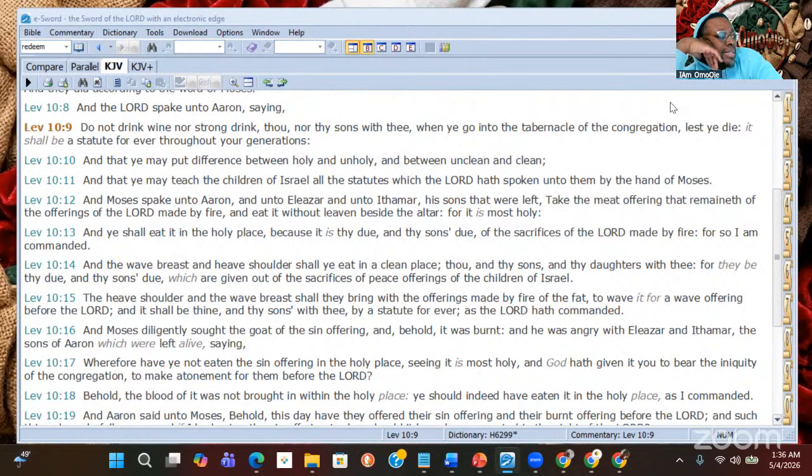And the wave breast and heave shoulder shall ye eat in a clean place, thou and thy sons and thy daughters with thee, for they be thy due, and thy sons' due, which are given out of the sacrifices of peace offerings of the children of Israel. The heave shoulder and the wave breast shall they bring with the offerings made by fire of the fat, to wave it for a wave offering before Jehovah, and it shall be thine and thy sons with thee by a statute forever, as Jehovah hath commanded.